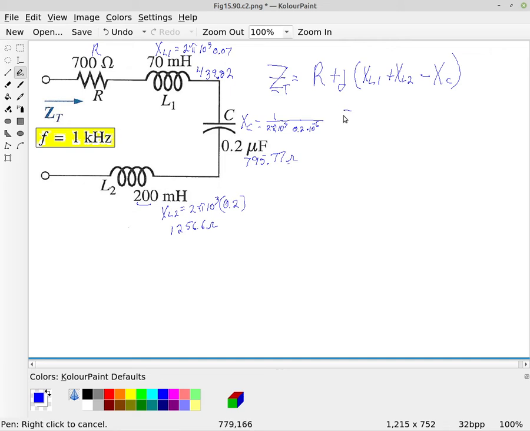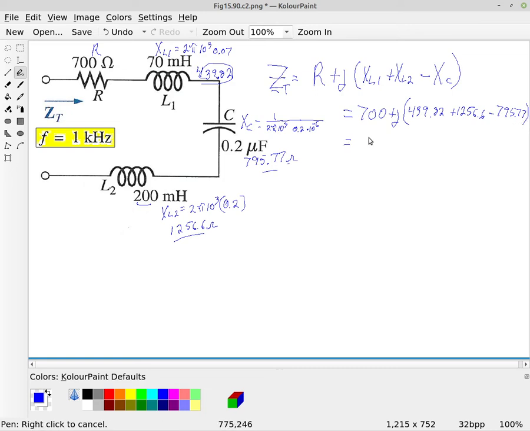So to calculate the total impedance, we're going to have the 700 ohms of the resistor plus j times the 439.82 plus the 1256.6, that's the other inductor, minus the capacitor, 795.77.